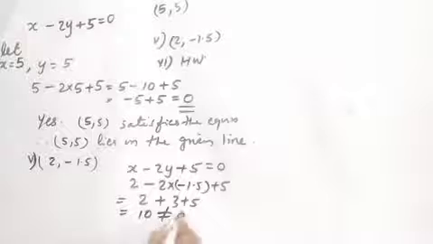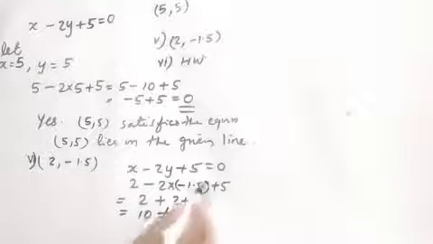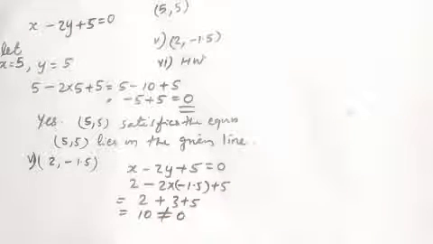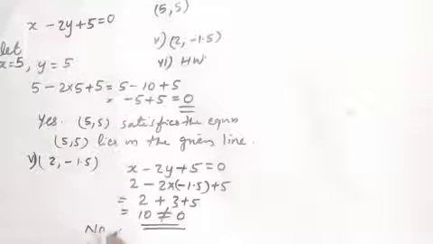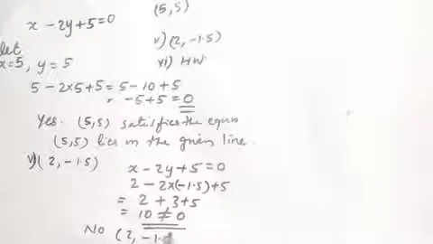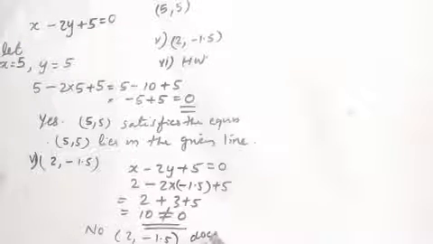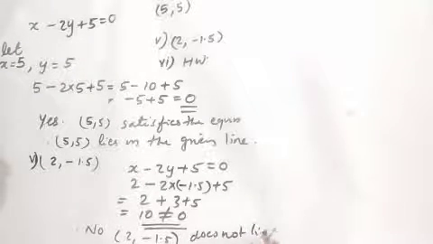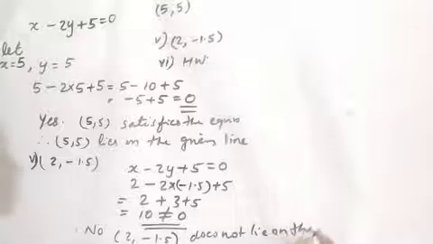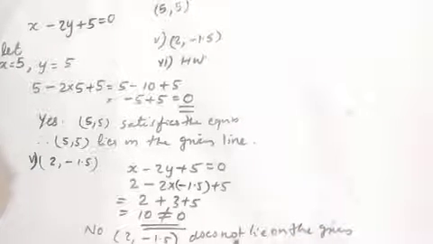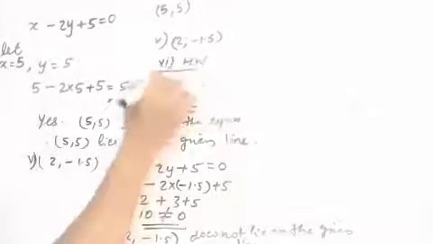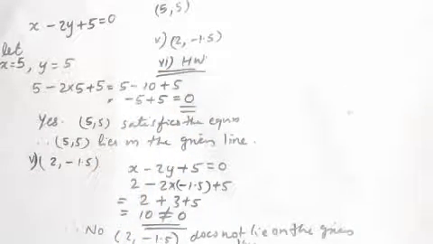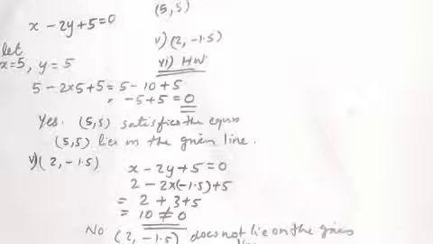It's not equal to 0. Here the value on the right side is 0, no? So it is not correct here. Therefore, no. 2, minus 1.5 does not lie on the given line. Understood the method? So do the sixth one homework. Don't forget to do the first one, sixth homework.